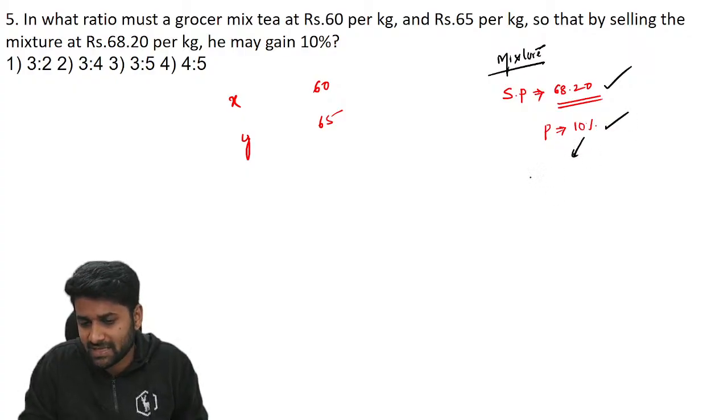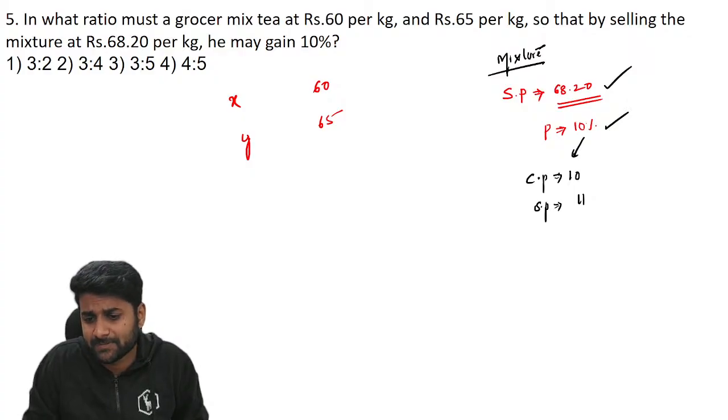Let us take the mixture cost price as 100. Now I need 10% profit, so I have to sell it for 110. Let us cancel a zero in the calculation: if the cost price is 10 rupees and we want 10% profit, then I have to sell it for 11 rupees. Now compare this value.